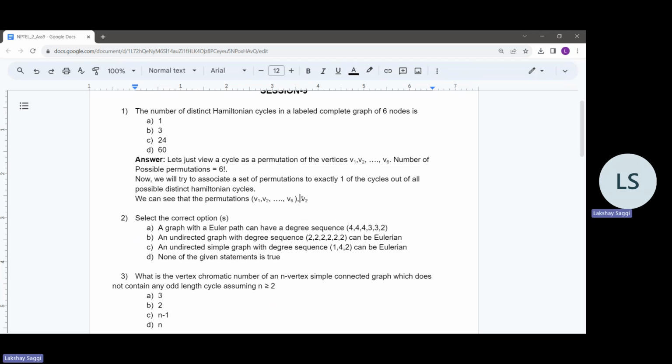So the permutation V1 to V6, then the permutation which starts from V2 and goes till V6, and then ends at V1.